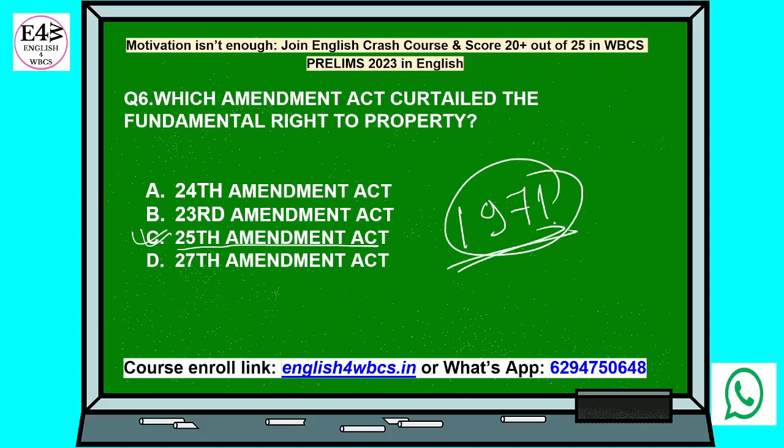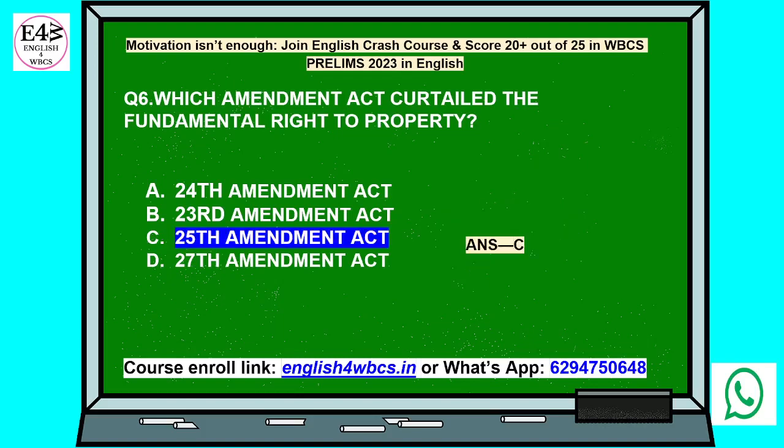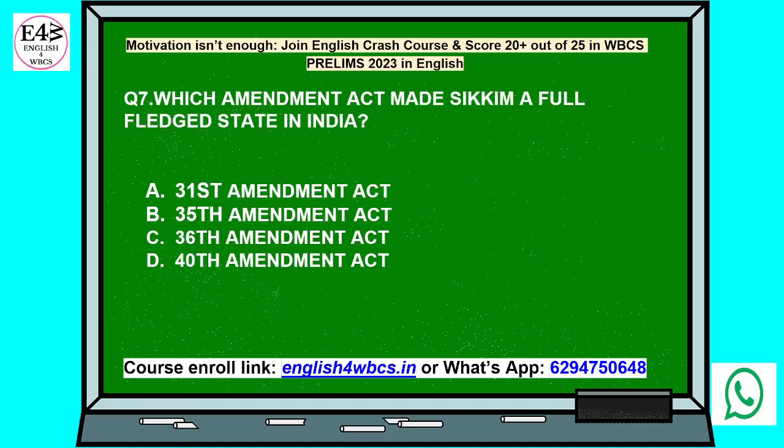Remember this, okay? So now coming to question 7. Which Amendment Act made Sikkim a full-fledged state in India? This is again a very important question. This question is made to play with students' mind. Don't just mark an option only seeing the name Sikkim, because there will be two questions. Again, I will come with the next question. You will see that.